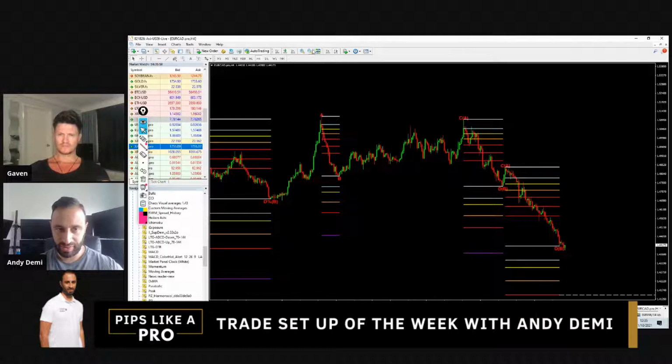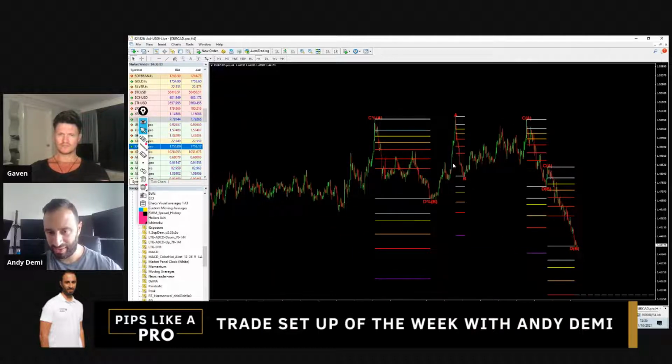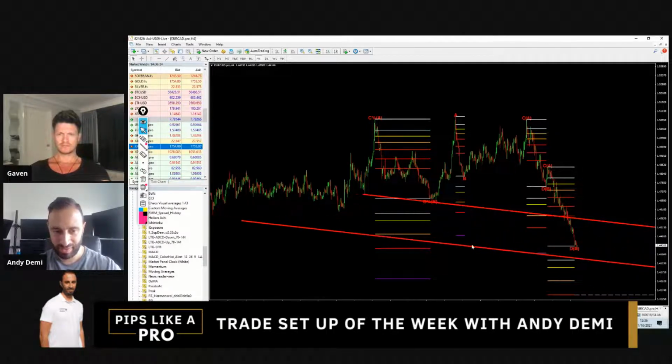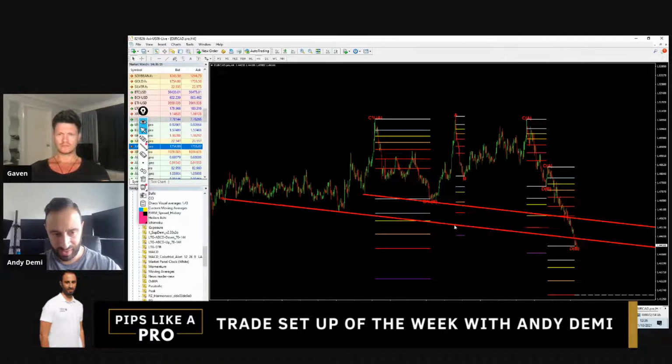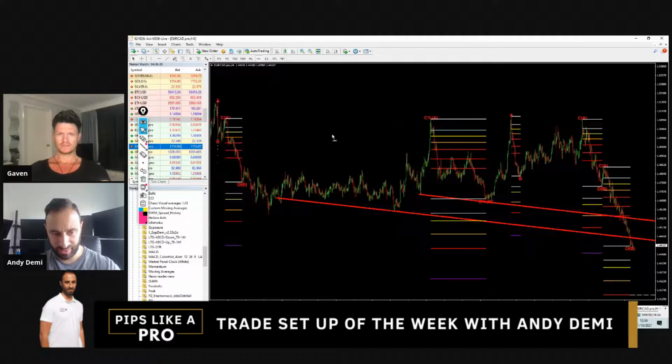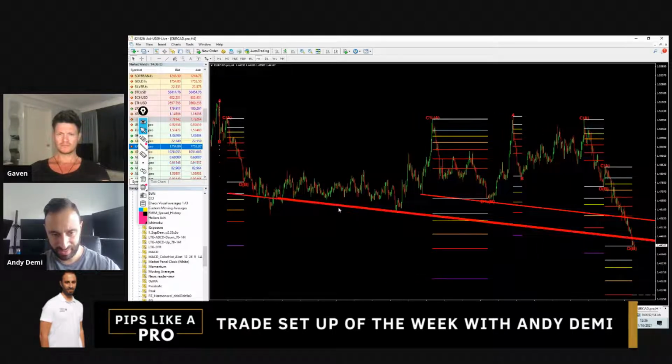Let's see what else we've got here, guys. We're going to add in the daily trading range as well. So we have that as a possible dynamic support here. And then we have that. You can see the market is reacting quite nicely onto these lines here.